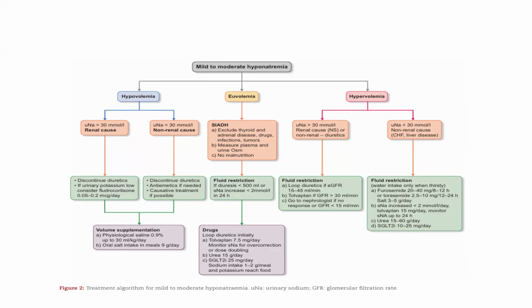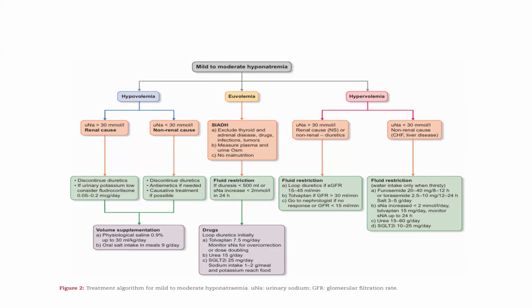In case of euvolemia, the cause is SIADH. Also exclude thyroid, adrenal disease, drugs, infection, tumor, and check plasma and urinary sodium. Then, if it is SIADH, go for fluid restriction.